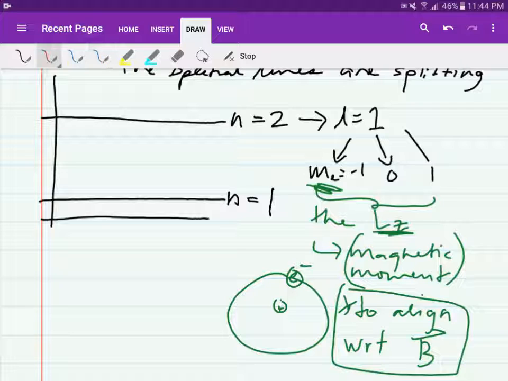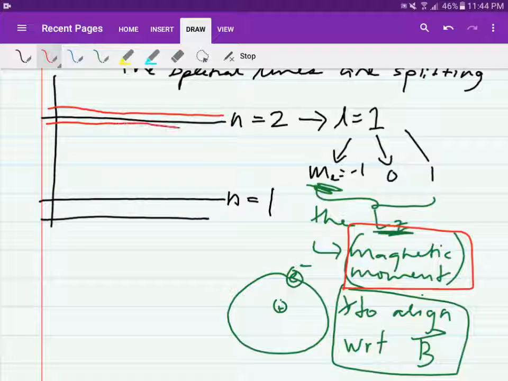That is why at n equals 2 states, where there is a presence of a magnetic moment, the spectral lines are splitting.